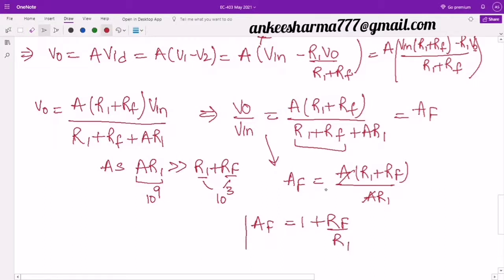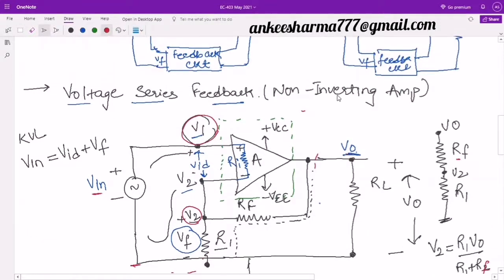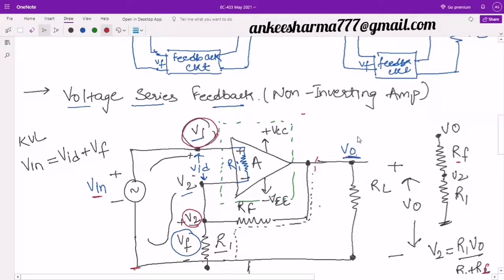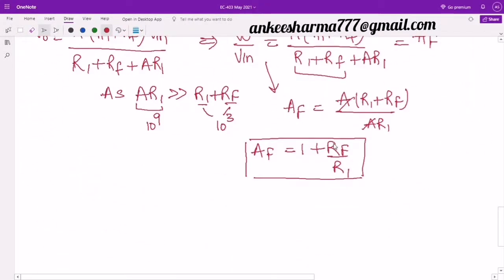So we got the gain with feedback, which is equal to 1 plus RF by R1, and this is the gain which you have already known, which is there in the case of non-inverting configuration. So today we have done a detailed analysis of how this gain 1 plus RF by R1 is coming with the help of this circuitry.